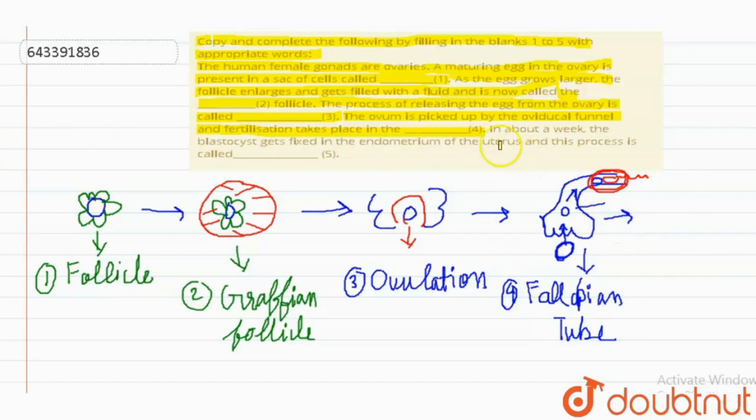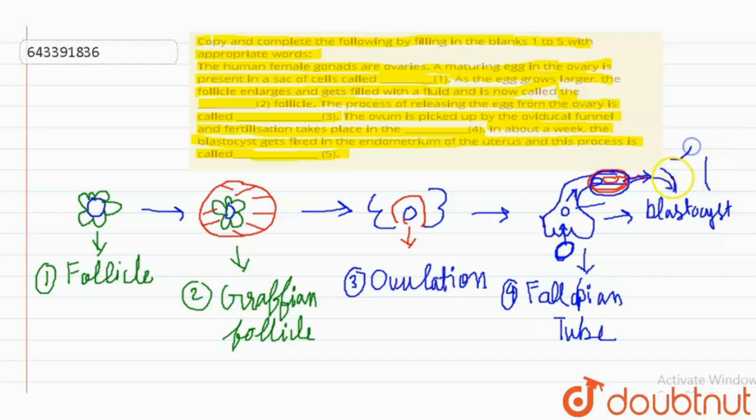Now moving on. In about a week, the blastocyst gets fixed in the endometrium of the uterus, and this process is called as dash, which is our fifth blank. Now as the zygote formation will take place after fertilization, the zygote will get converted into blastocyst, and as it gets converted to blastocyst, it will move on finally into the uterus.